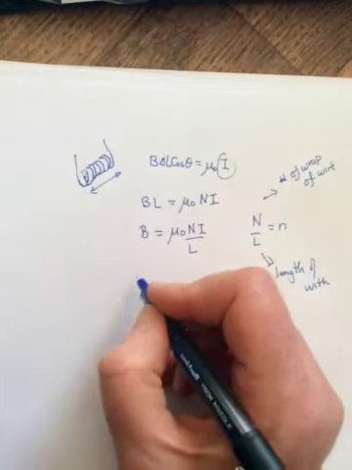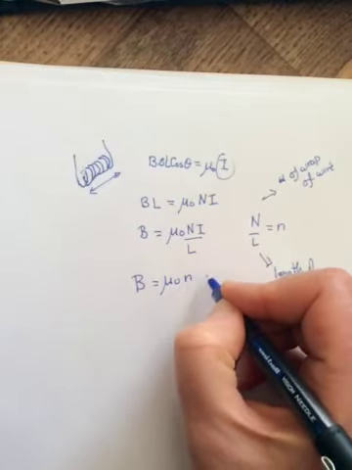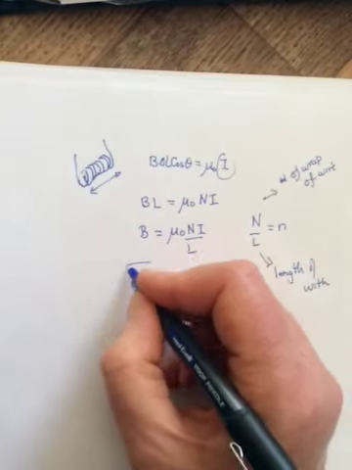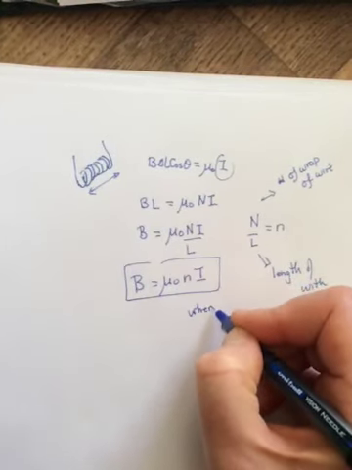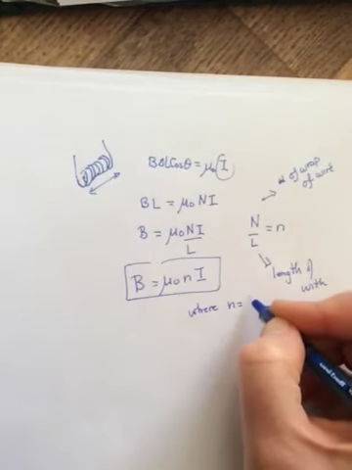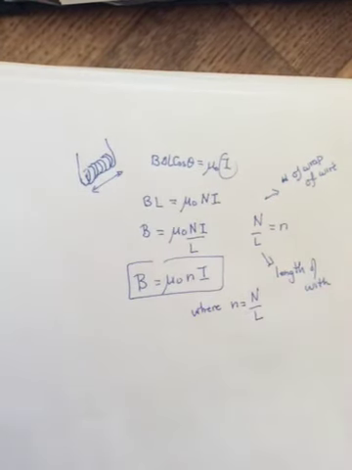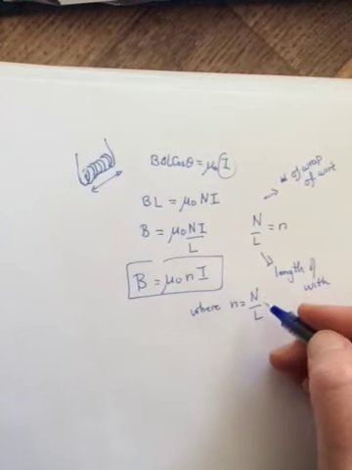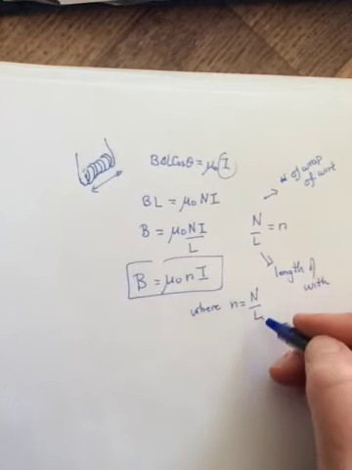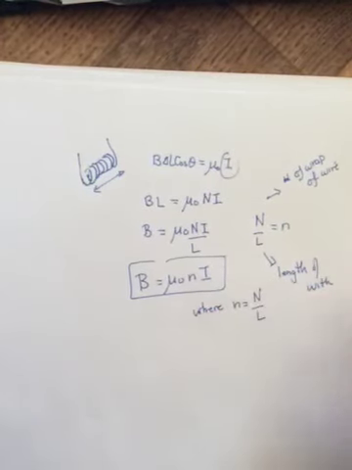And so most often we write it as B equals mu O n I, and on the side we say where little n is equal to capital N over L. The units here will be per meter, right? Because the number of wraps won't have a unit, but the L will. So it'll be 1 over meters in the equation.